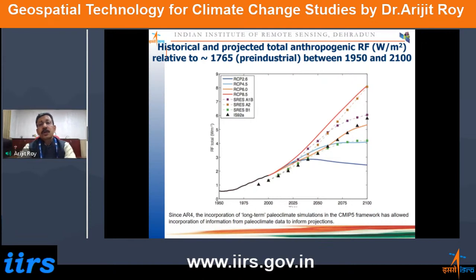And if you see the historical and the projected total anthropogenic radiative forcing relative to the pre-industrial time, that is 1765, which has been taken as the baseline, the net anthropogenic radiative forcing between 1950 and 2100 shows a significant increase.